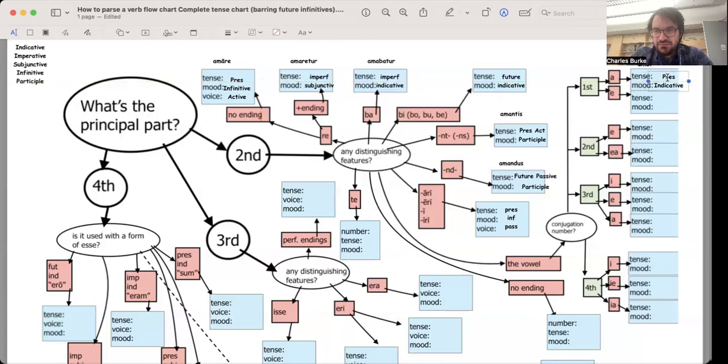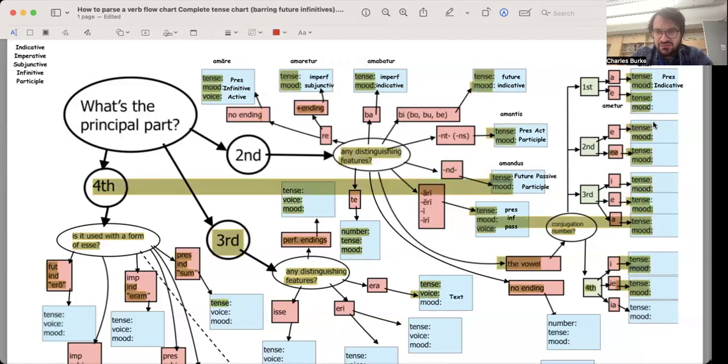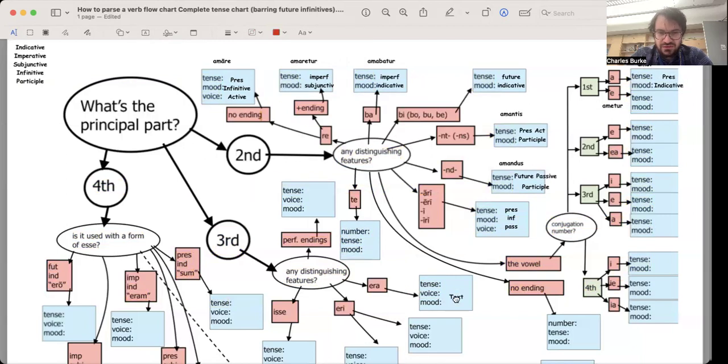But if we have an E, and for an E, I want you to picture something like amet, right? Or ametur, because again, in these, the difference between active and passive is just the ending. Then we've got, instead of indicative, we have the subjunctive.